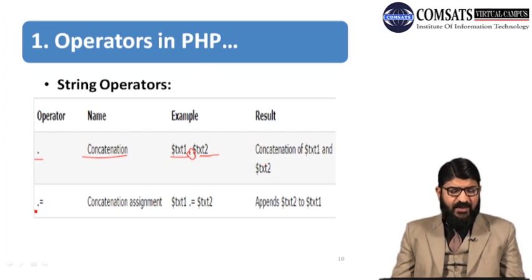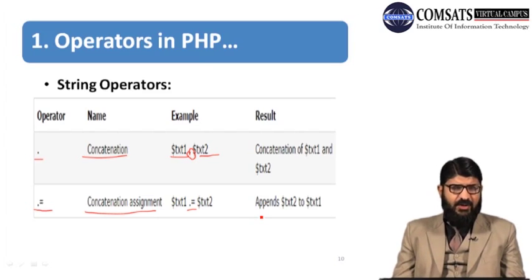The second operator is dot equals, which is the concatenation assignment operator. It will take variable 1, then dot equals, then variable 2, and it will append the variable 2 value to variable 1.